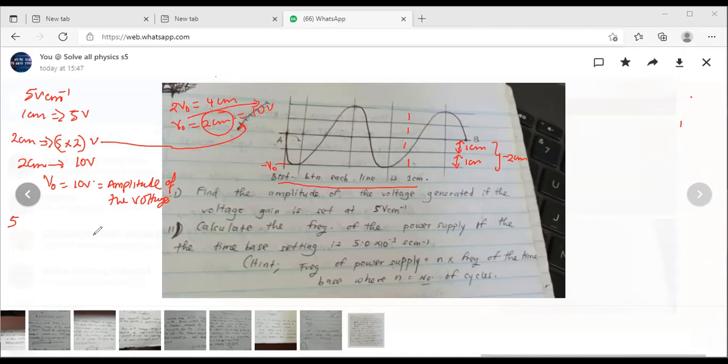The second one, they have said 5 times 10 power negative 3 seconds per centimeter. It means 1 centimeter takes 5 times 10 to the power negative 3 seconds. Now, because of the cycles given, the first complete cycle is here, the second complete cycle is here. It means we have 2 complete cycles. So each cycle covers how many centimeters?